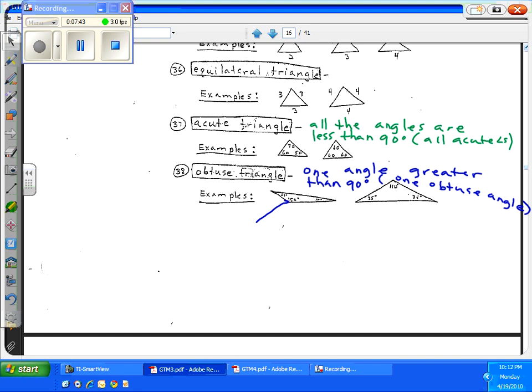And here's some examples. This has one angle more than 90, 150 degrees. That has one angle more than 90, 110 degrees. An obtuse triangle has one obtuse angle or one angle greater than 90 degrees.